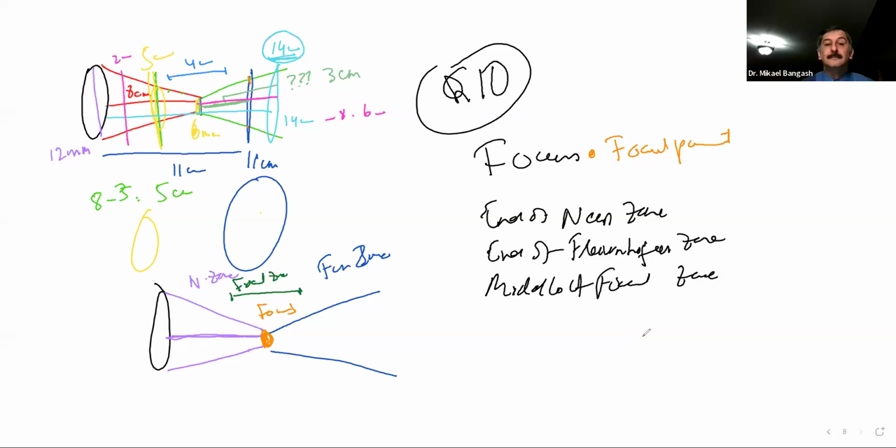So where do we find that? Don't we find that at the end of your near zone? Where we say it's the end of Fraunhofer zone, or we can say this is your Fraunhofer zone, this is going to be the end of your Fraunhofer zone. That's not your focus. And then they say the middle of the focal zone.